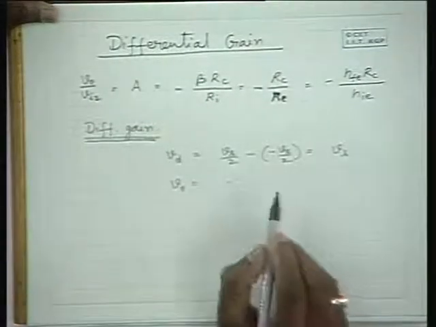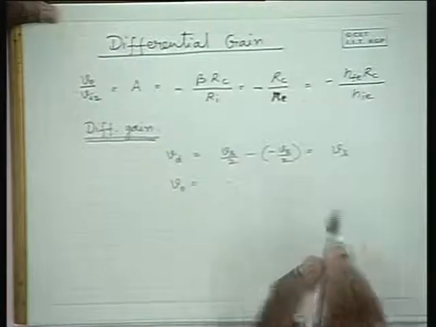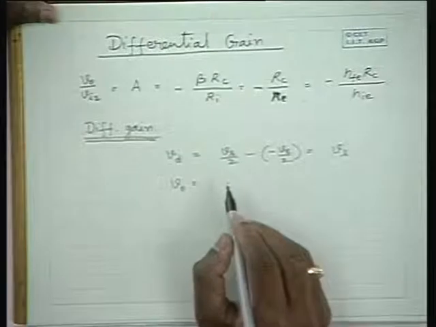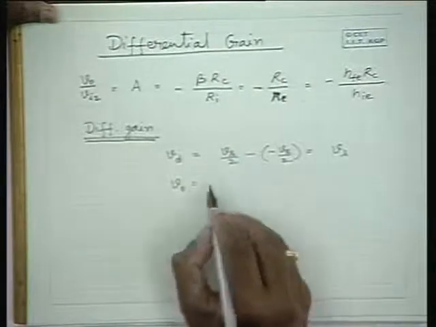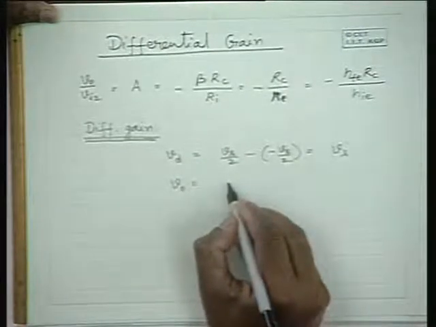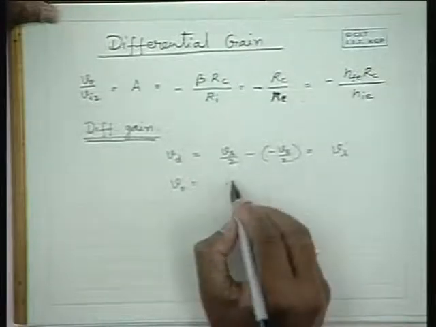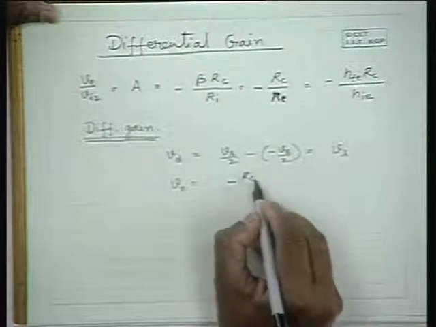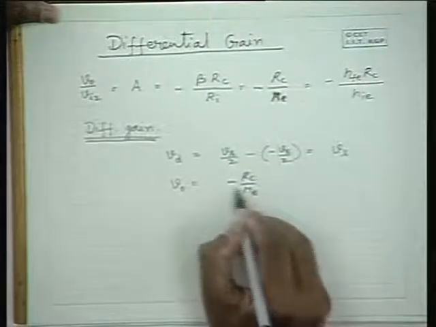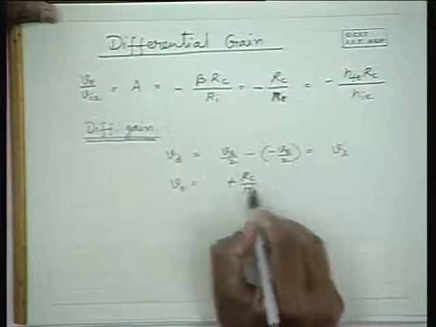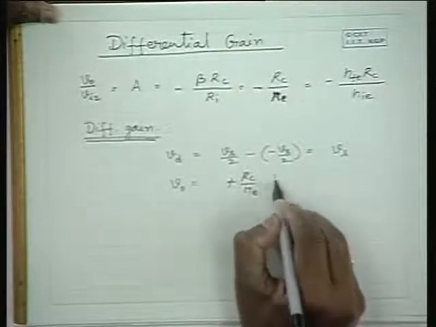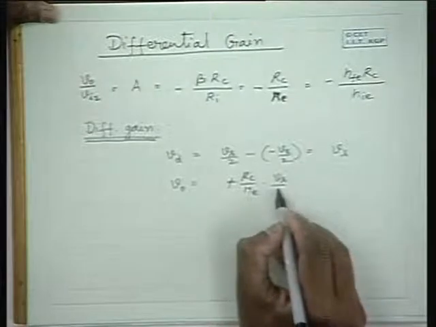And now V I 2 is equal to V s by 2, the input voltage, hence V naught is equal to minus R C minus of minus, it is equal to plus R C by R E into V s by 2.